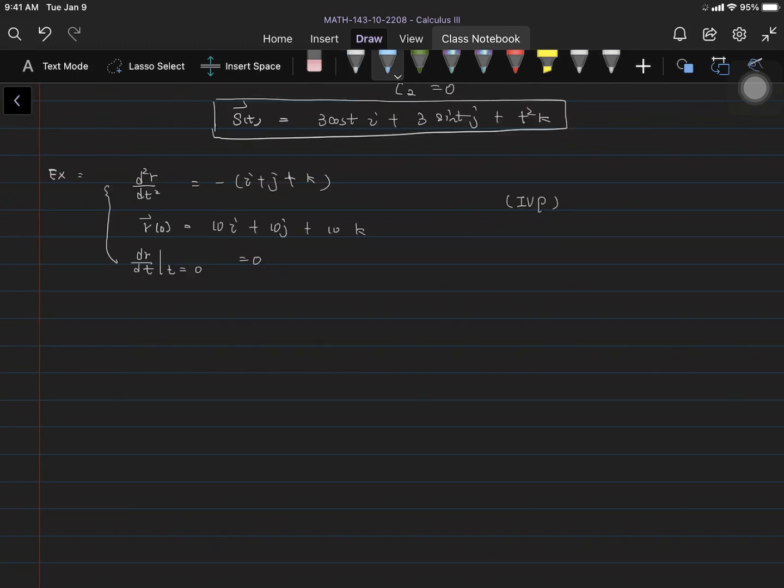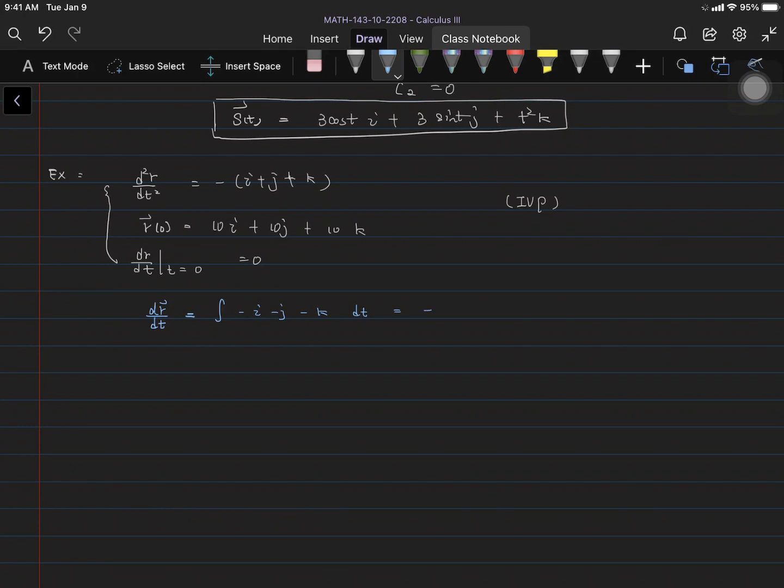Here is the solution. Firstly, I calculate the first derivative, dr/dt, which is the integral of negative i dt. It's like an integral of 1, which is t.